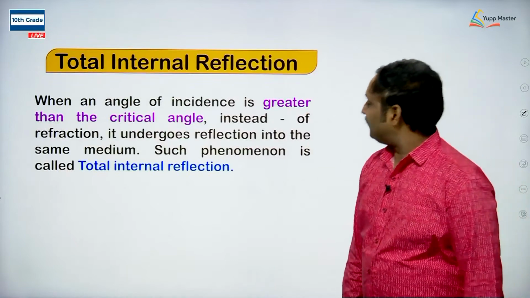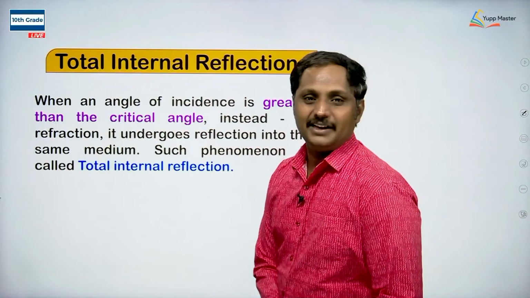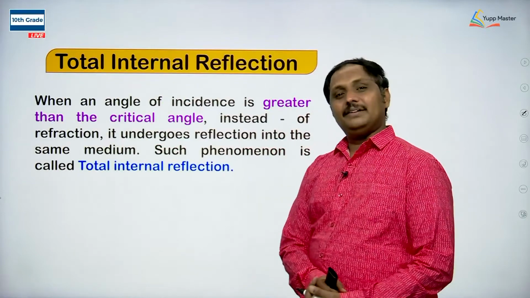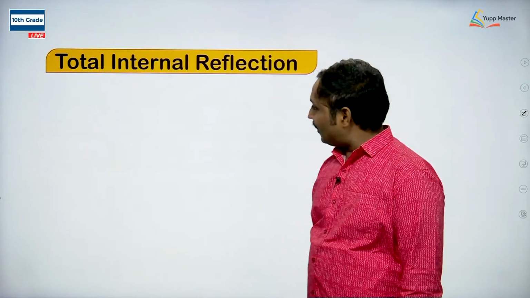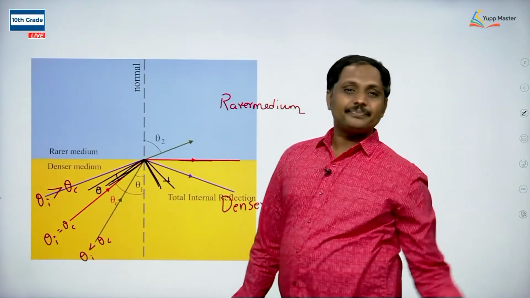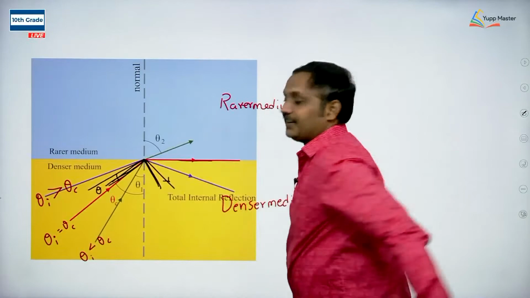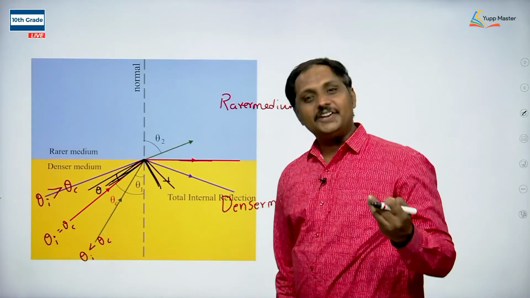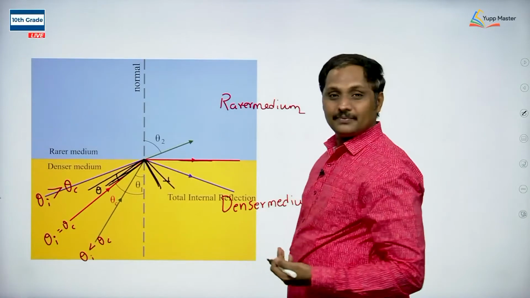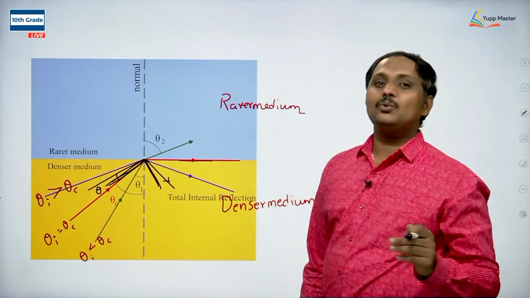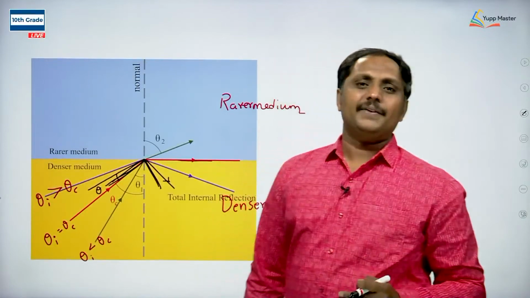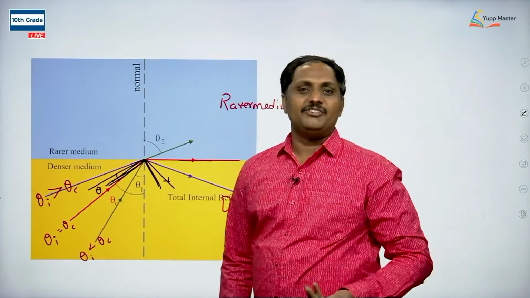When an angle of incidence is greater than the critical angle, then there exists a total internal reflection. What happened? Instead of refraction, there exists a reflection. That is, the incident light rays are going to get back into the same medium. Whenever light is allowed to move from one medium to another medium, they will pass and there exists a refraction.